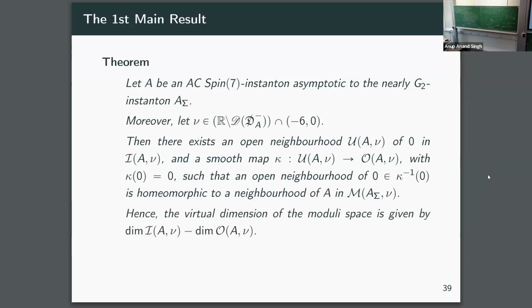And of course, the virtual dimension of the moduli space will precisely be the index of your Dirac operator, so that's the dimension of the kernel minus the dimension of the cokernel, right? Why virtual? Why not just dimension? Right, that comes now. I don't know whether the obstruction space is 0 or not. And so if it's 0, then my moduli space will be a smooth manifold, and I can actually talk about actual dimensions rather than virtual dimensions.